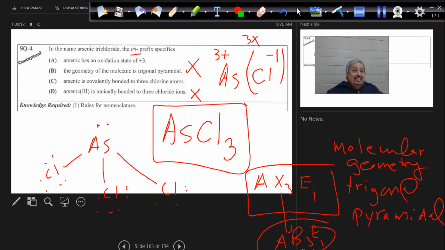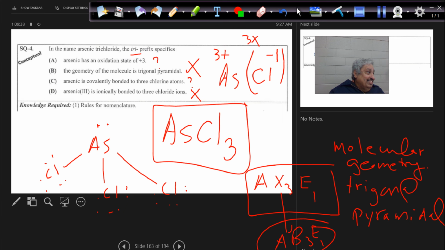The answer is correct, the shape, but that's not what I want. Arsenic is covalently bonded to 3 chlorine atoms, correct? And arsenic has an oxidation number of +3. Which one? This or this?